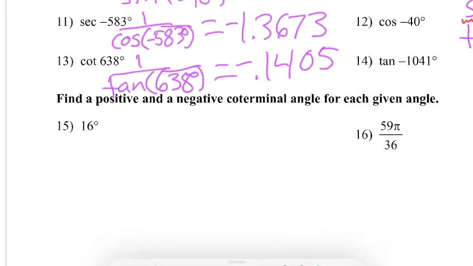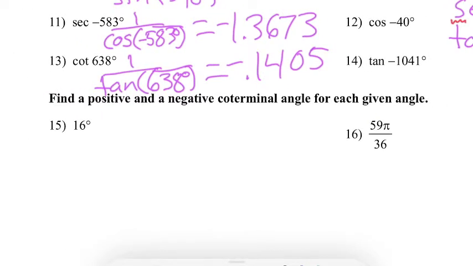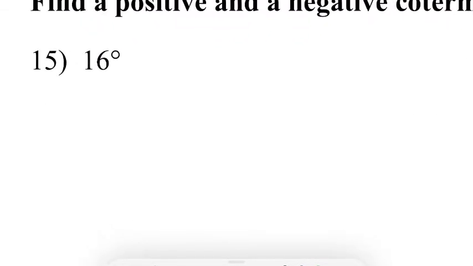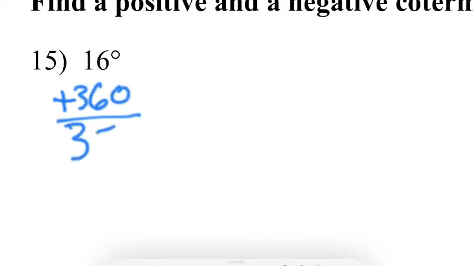So 15 and 16, we needed to find a positive and negative coterminal angle for each angle. So we take our 16, we're going to add 360 to it to get 376 degrees. That would be your positive answer.